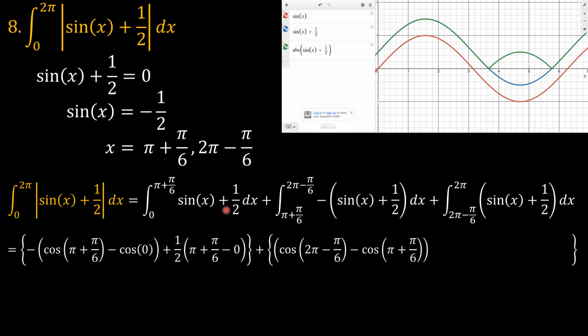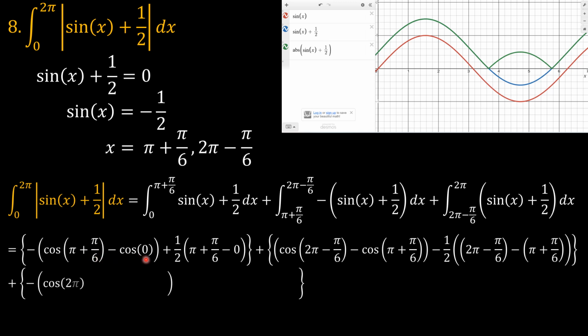And when we integrate that, we get negative cosine of pi plus pi over 6 minus cosine of 0 plus a half of pi plus pi over 6 minus 0. And here, obviously, since we have a negative of sine x, it becomes cosine with the limits applied.